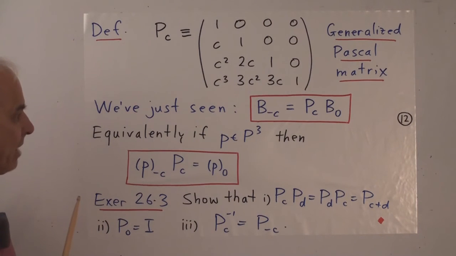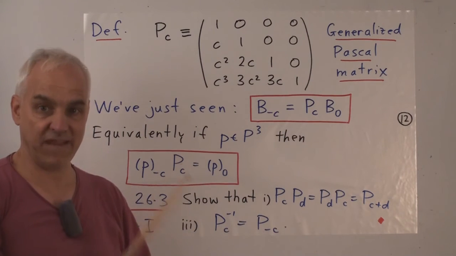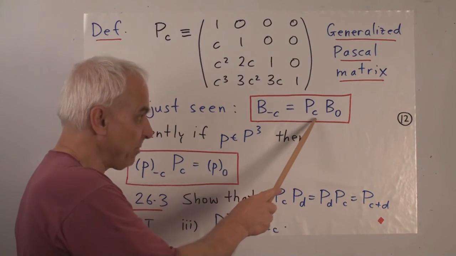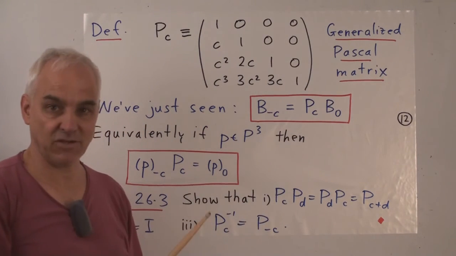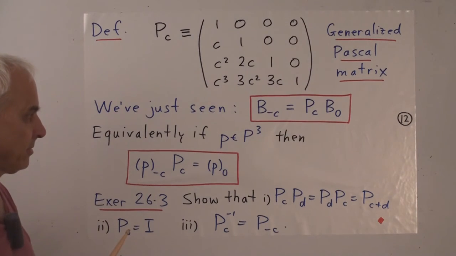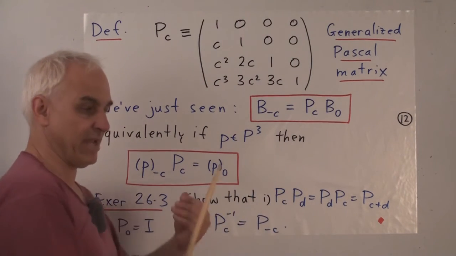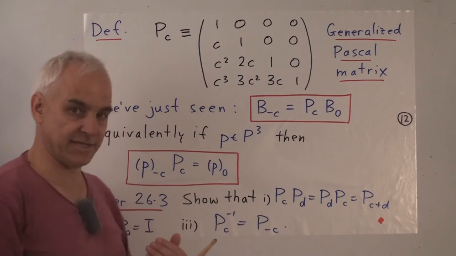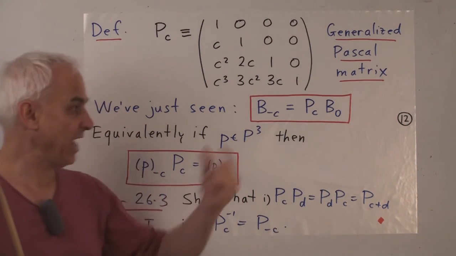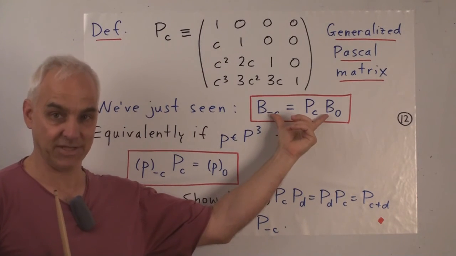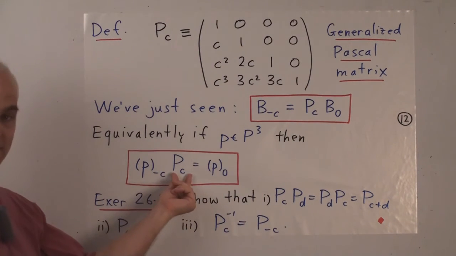And we've just established that B sub minus C, that Taylor basis matrix, equals capital P sub C times B sub 0, the Taylor basis matrix at 0. So this is the change of basis matrix that goes from the Taylor basis at 0 to the Taylor basis at minus C. Equivalently, if we're interested in coordinate vectors and not in actual basis matrices, then the P sub C ends up not on the left-hand side but on the right-hand side.